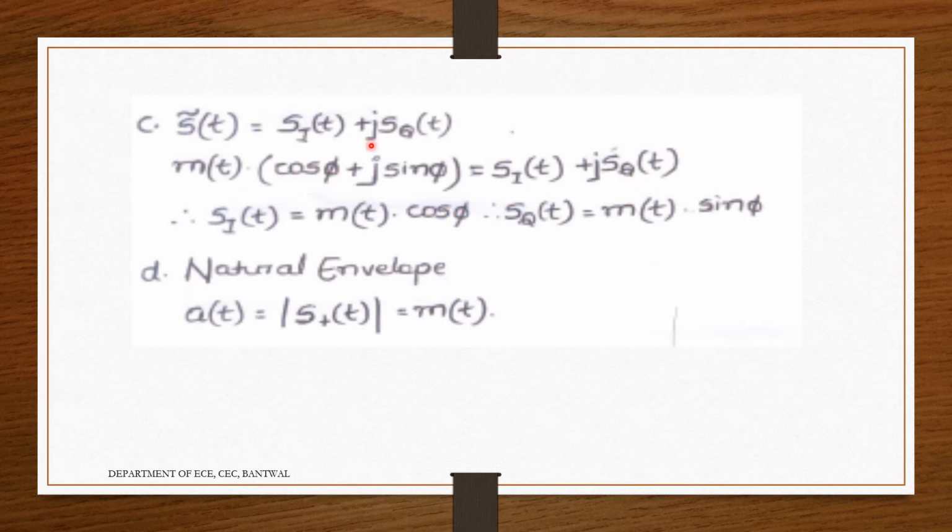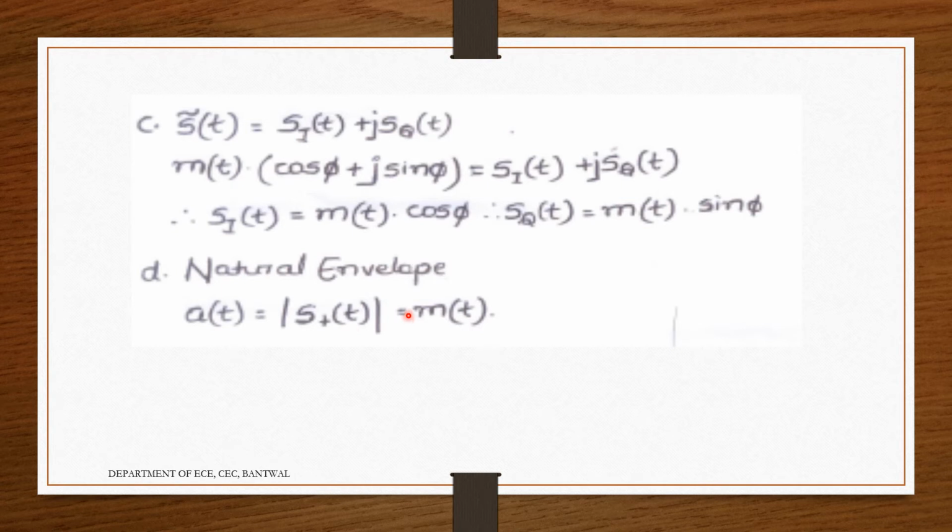So just compare here. m of t into cos pi is si of t, and m of t into sin pi is sq of t. We do not represent the j here. Then when we take the natural envelope, a of t is nothing but the magnitude of s plus of t. S plus of t is what? Only the value there.